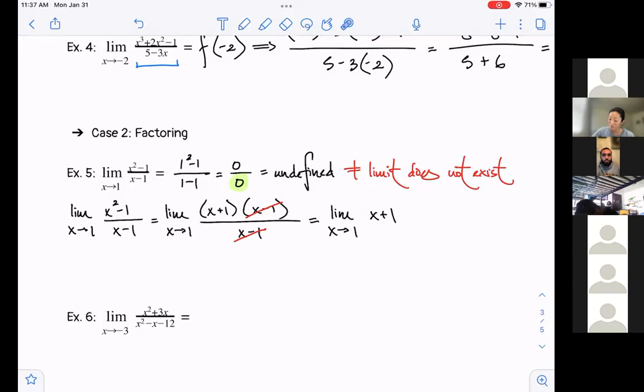Now, try plugging in the number again. Okay? So we start with substitution, but we also end with that. If we try plugging in a value of 1 now for x, we end up with 2. Okay.